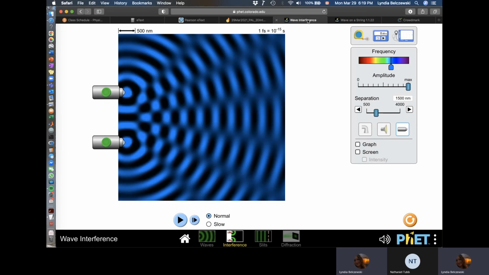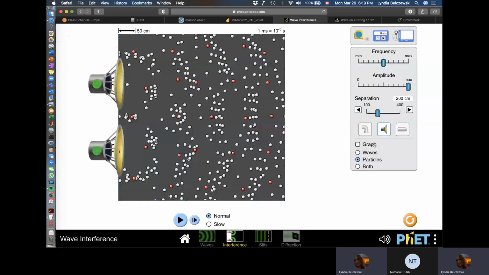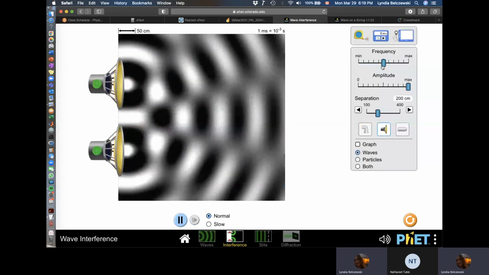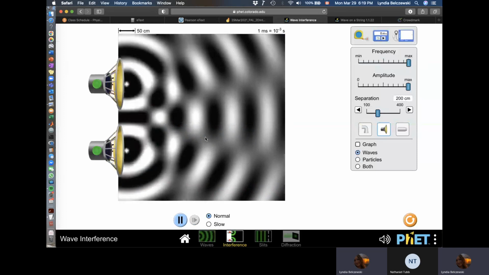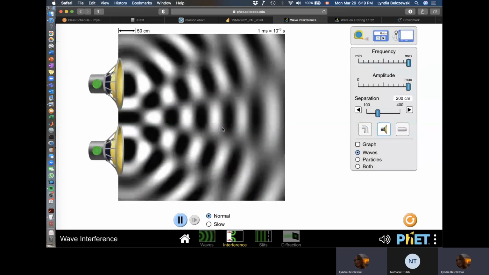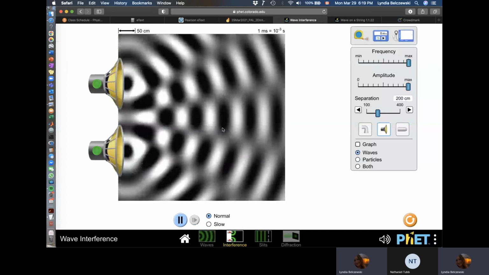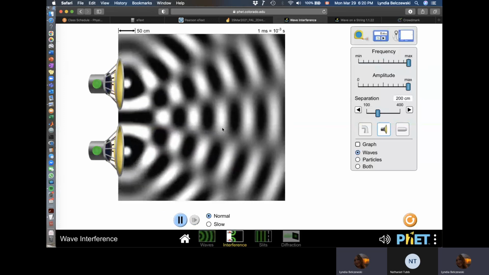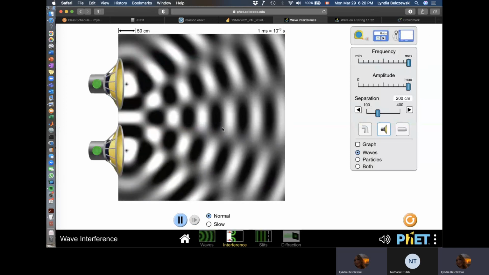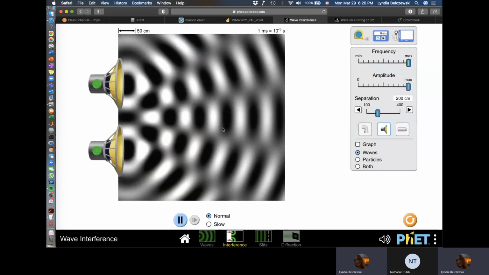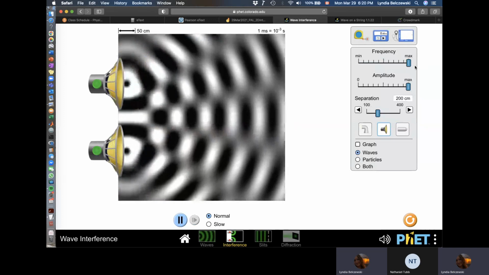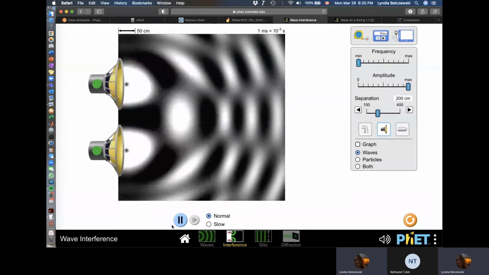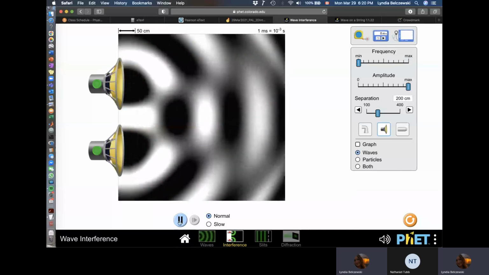So if we do sound waves, for example, and we let it play like this, and then we increase the frequency, these patterns of bright and dark, which correspond to positive and negative amplitude, or compressions and rarefactions in the case of sound waves, which this is, then these spots get closer together for high frequencies and further away for lower ones. Nice.